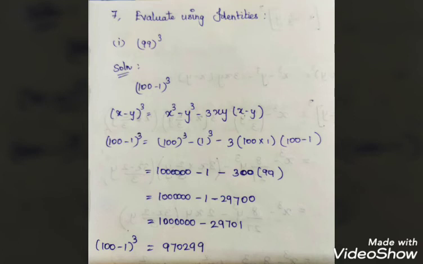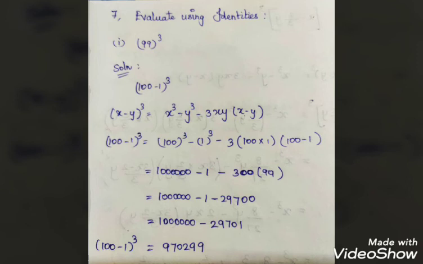Next we are going to evaluate using identities. Already we saw 99 the whole cube. How can we write it? We saw 100 minus 1 the whole cube. So x minus y the whole cube, where x is 100 and y is 1. Substitute in the formula: x cube minus y cube minus 3xy into (x minus y).